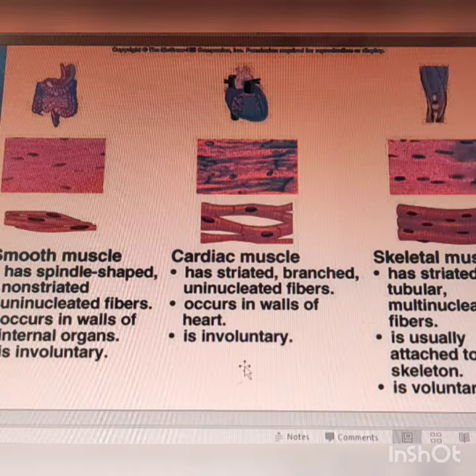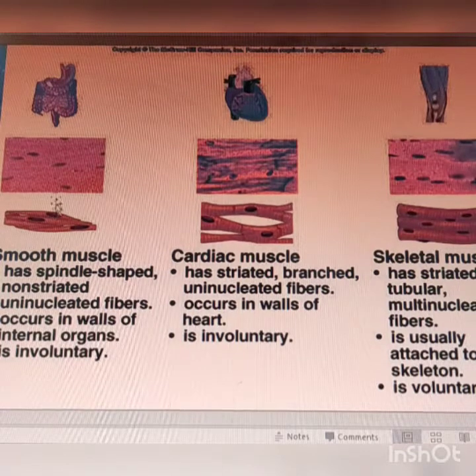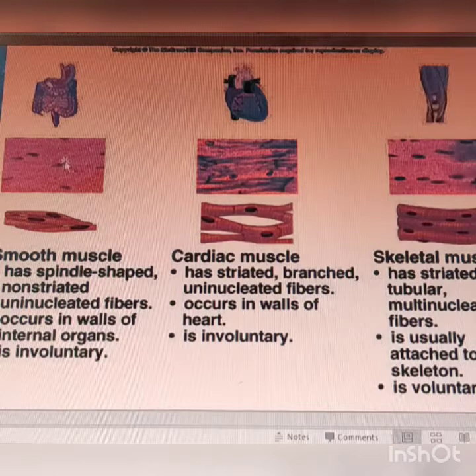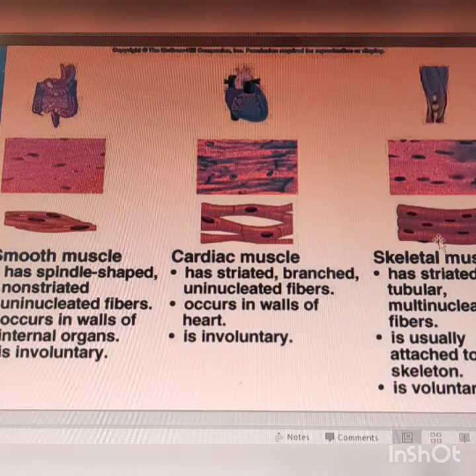The smooth muscle fiber are located in walls of hollow visceral organs, except the heart, appear spindle shaped and also are under involuntary control. We can see here the smooth muscle are non-striated, occurs in the walls of internal organs, and lastly skeletal muscle which are attached to the skeleton.